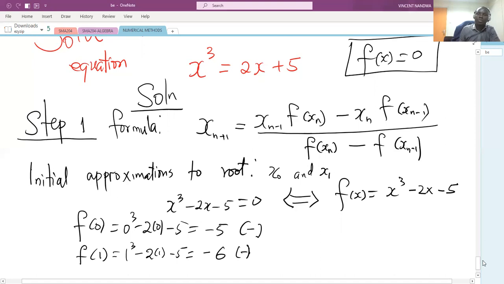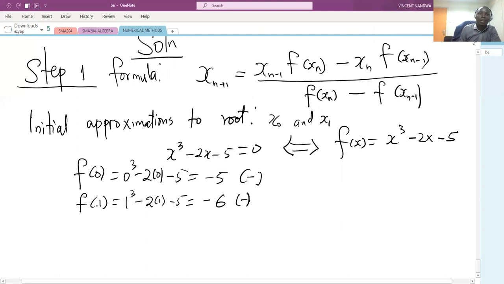So the root cannot be between 0 and 1. If we try 2, we have 2 cubed minus 2 times 2 minus 5, that is 8 minus 4 minus 5, which gives us negative 1. This is still negative, so the root cannot be between 1 and 2.